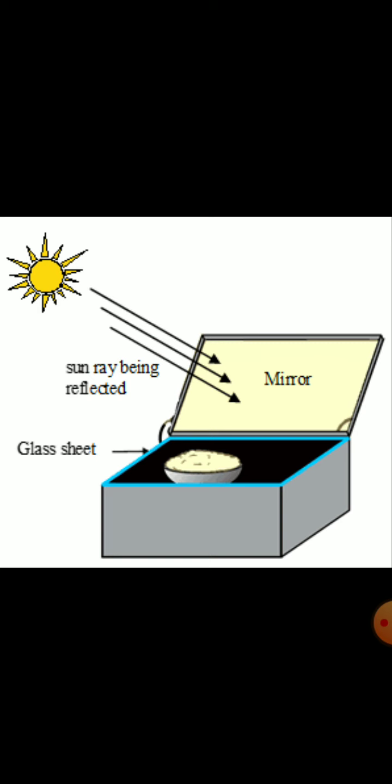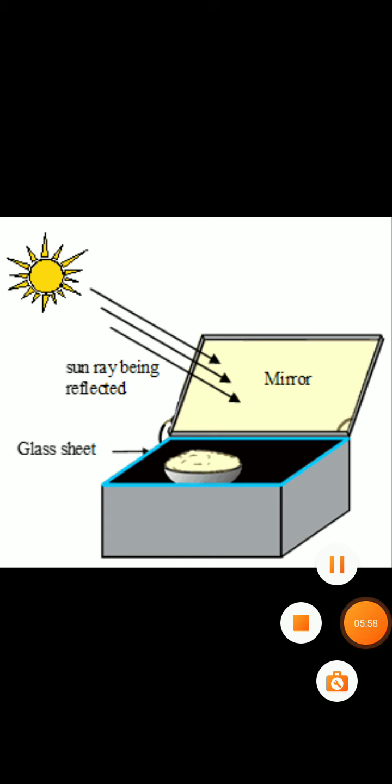Infrared, ultraviolet rays, visible light, from which the infrared has the wavelength of 700 nanometer to 1000 nanometer. Okay, so this means infrared radiation helps us to absorb more and more heat.